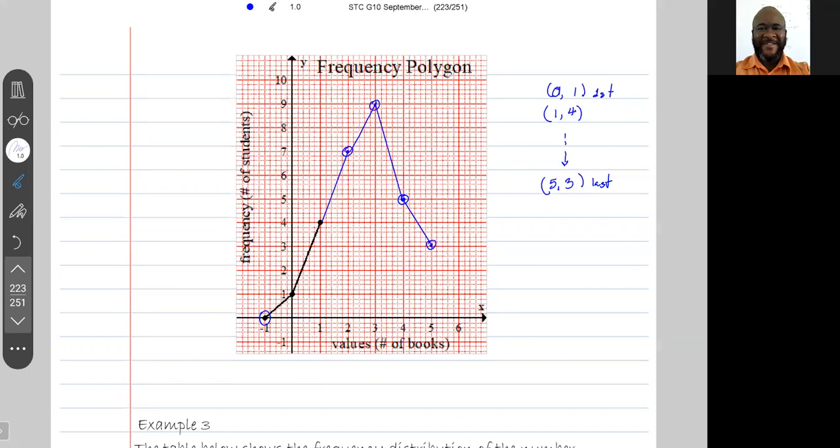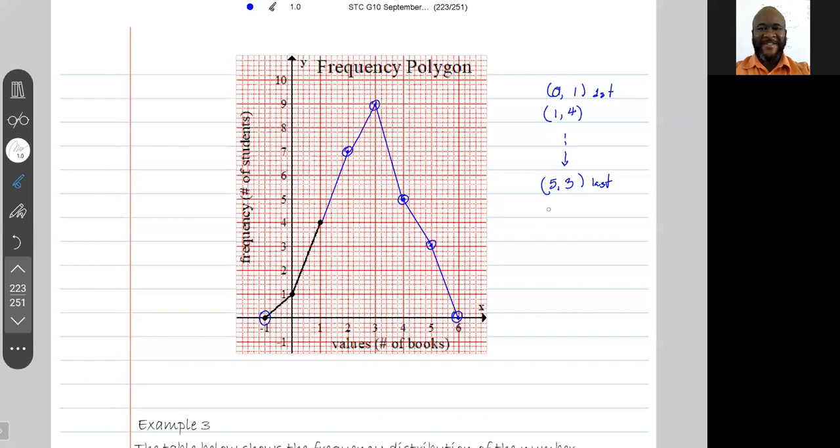It ends 1 value after the last value. The last value is 5. So your frequency polygon is going to end at 6. And so you just connect the points here, this point to that point. Bear in mind, guys, your frequency polygon must be drawn with a straight edge.